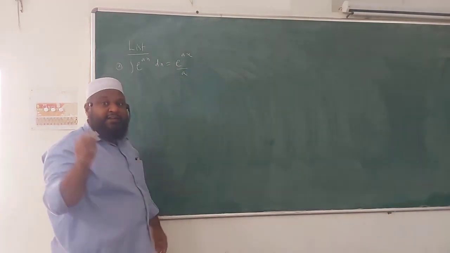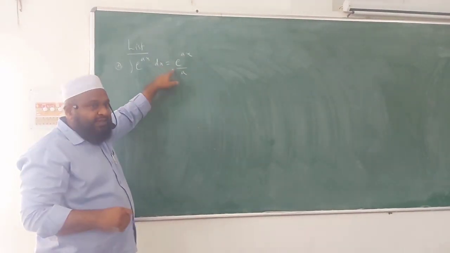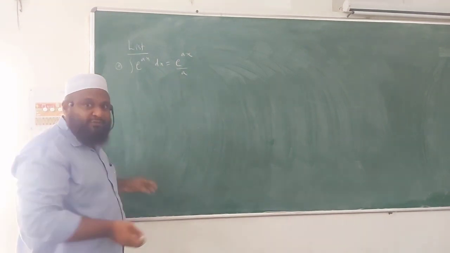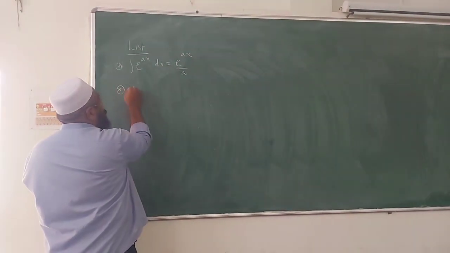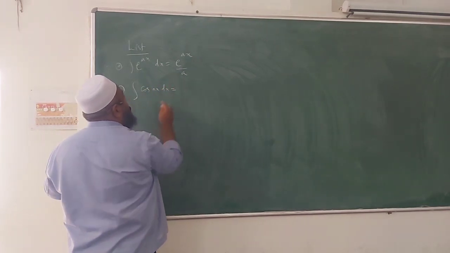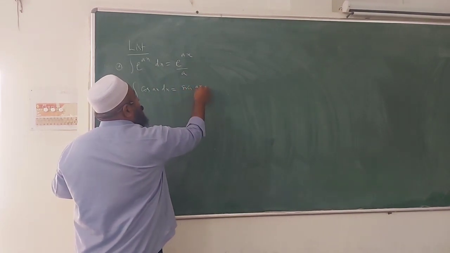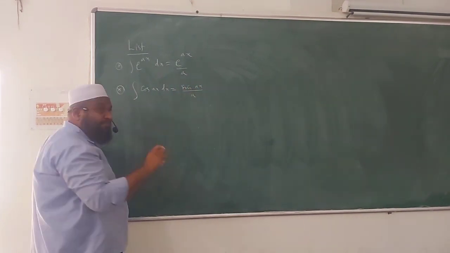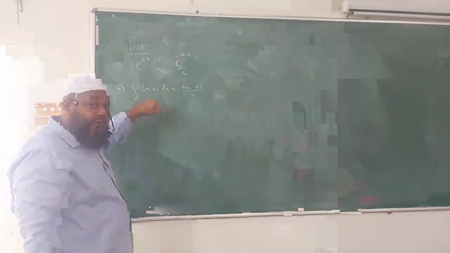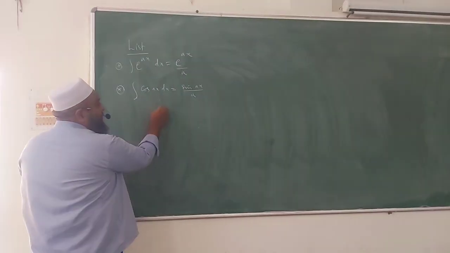Actually, I have written the basic formula e power x dx is e power x, and by substitution we arrived at this one. So the list is now like this: integral cos ax is equal to sin ax by a. This is not a fundamental formula, it was brought from the fundamental formula by the method of substitution. So you have the list.